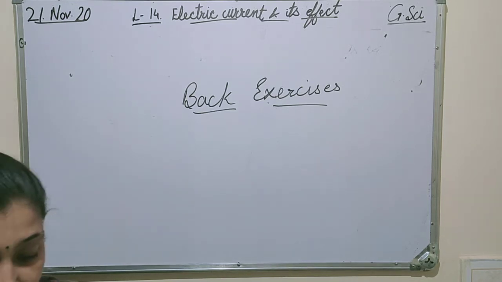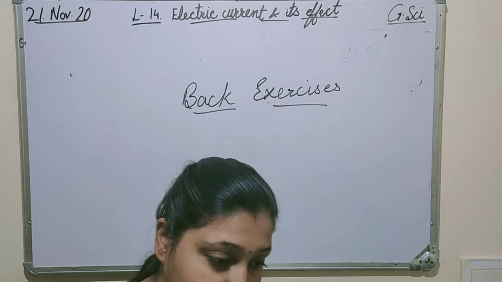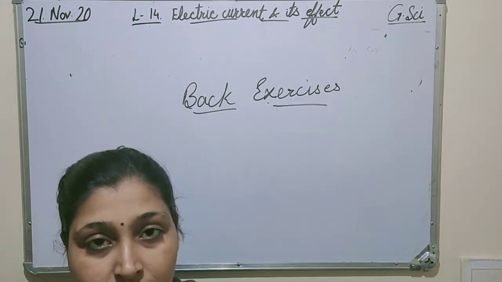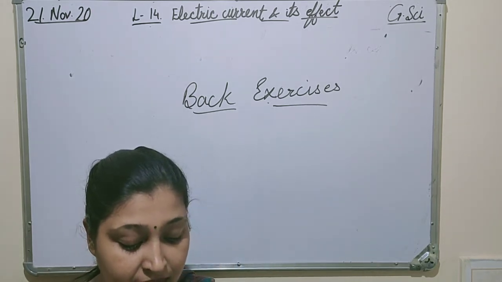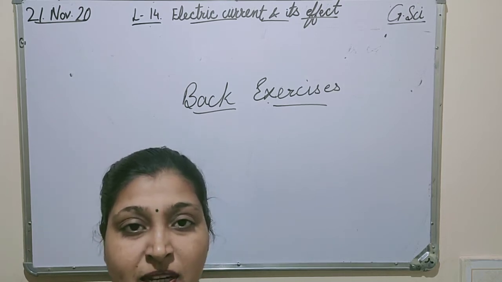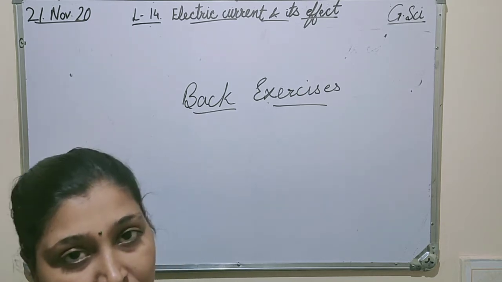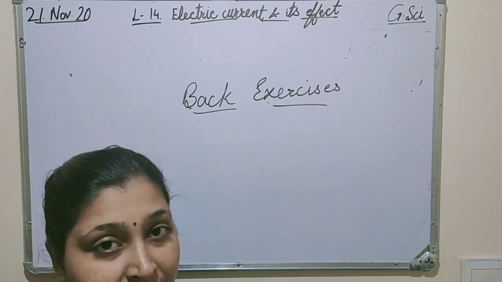Now 7. Beta, there is a circuit in which a magnetic needle is there and a wire is there, then a bulb is there, a switch is there, and it is said that if the switch is off, the magnetic needle does not show deflection. Why?